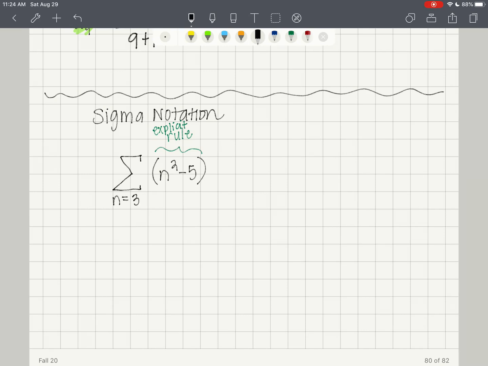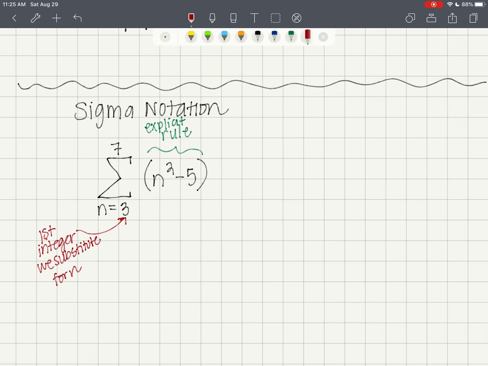And then this is your starting integer right here. This is the first integer that we substitute in. And then this is our last integer that we substitute in.